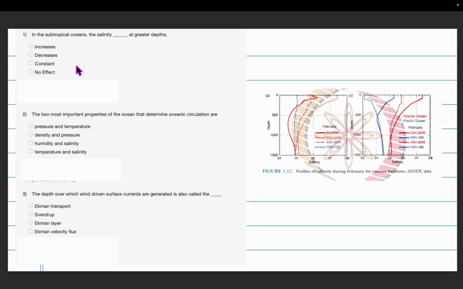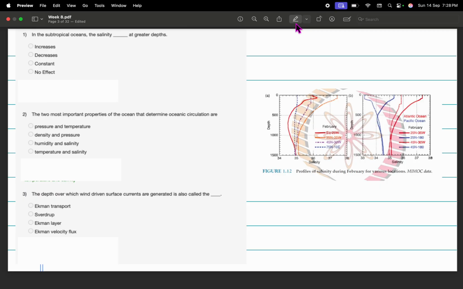Salinity increases, salinity decreases, salinity constant, or salinity has no effect. You can see this figure for your reference. In the subtropical ocean, the salinity increases. Yes, the salinity increases with the ocean depth.